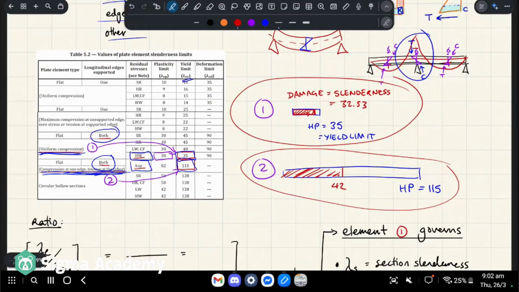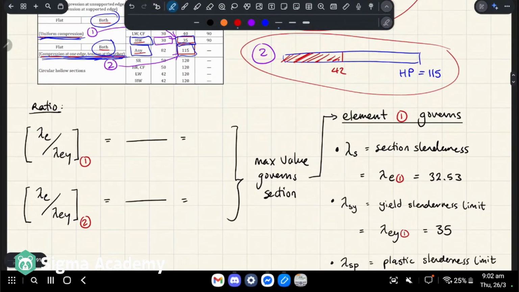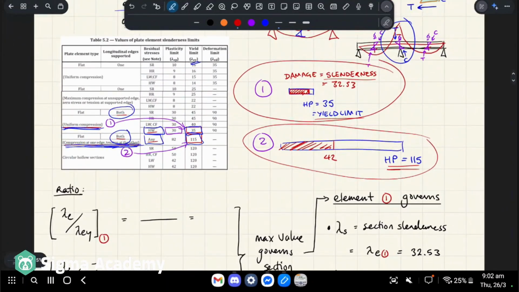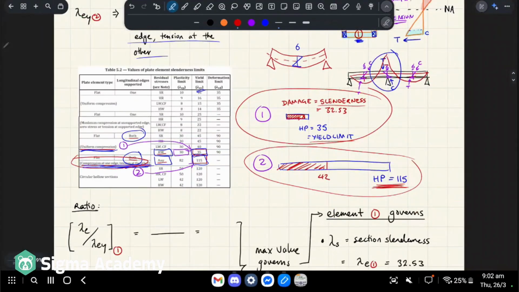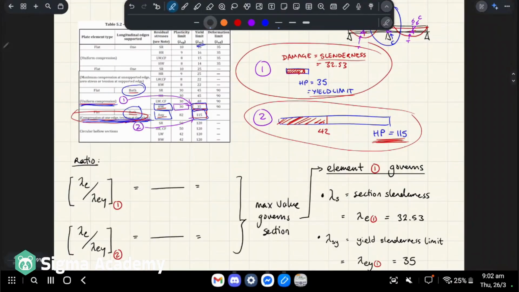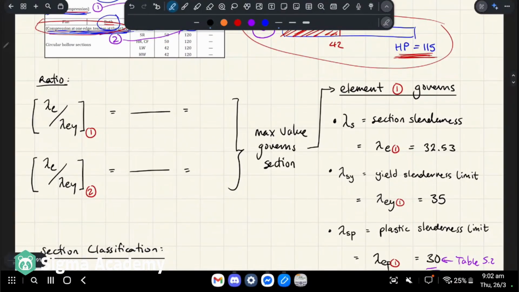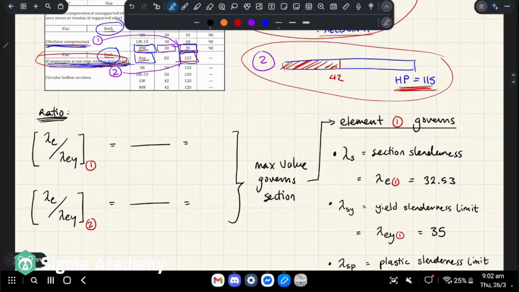The first one, the slenderness to yield limit ratio, is worse because when it's higher, it's more governing, okay? Like 2 can handle more because only parts of it are in compression, parts of it are in tension. Anyway, hopefully that makes sense. So that's what we're calculating here. This is your damage to HP ratio. That's the analogy I'm going to go with.